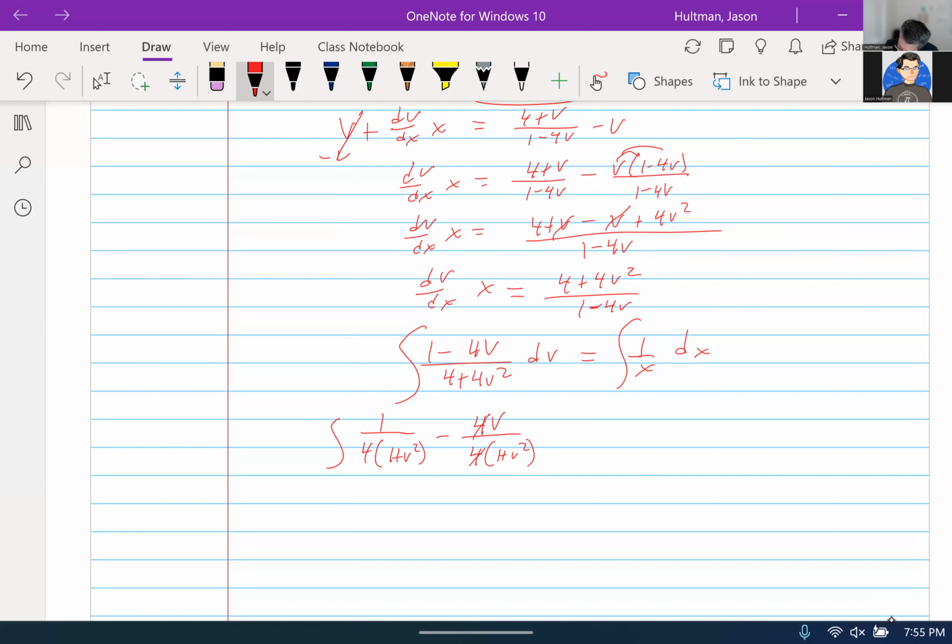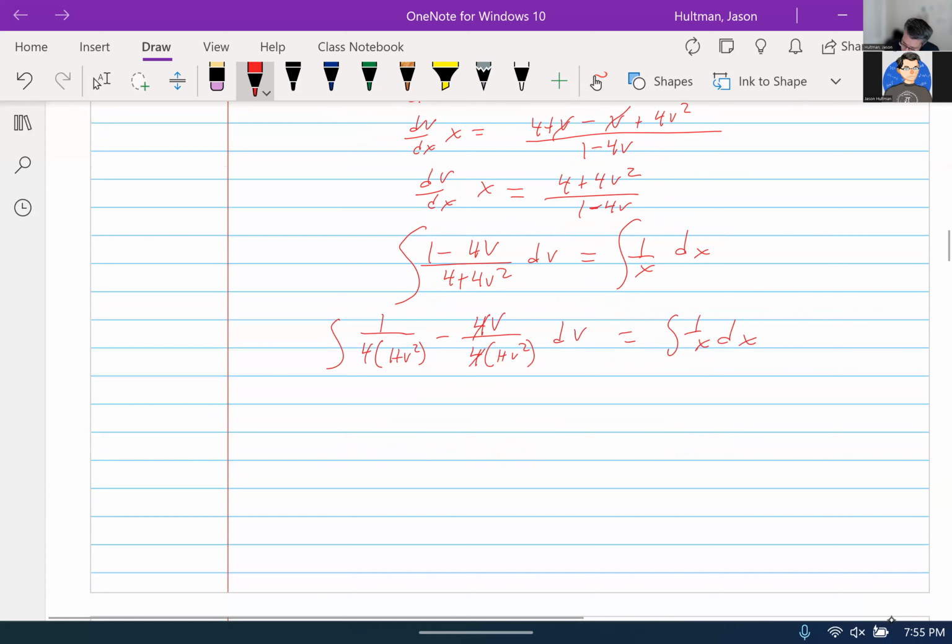Just break it up into two terms, and then I'll integrate each of those terms individually. That is equal to the integral of 1 over x dx. So this is 1/4 times the integral of 1 over 1 plus v squared, minus the integral of v over 1 plus v squared dv, and that equals the integral of 1 over x dx.